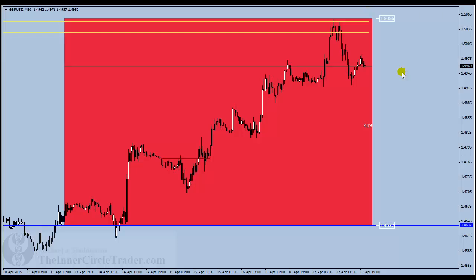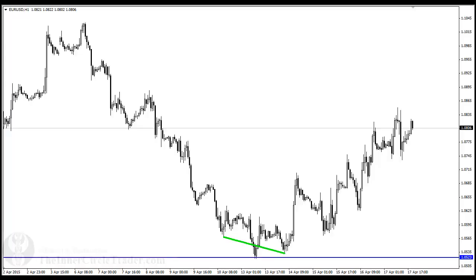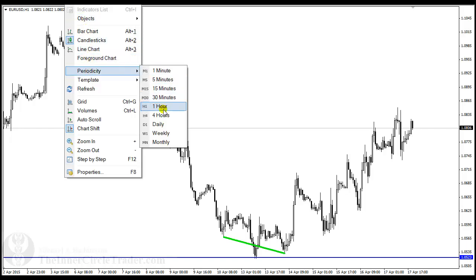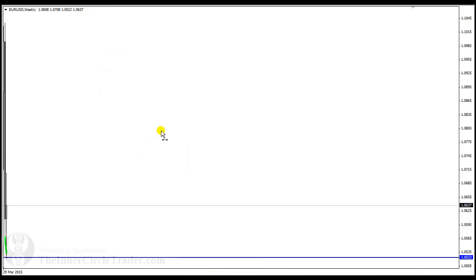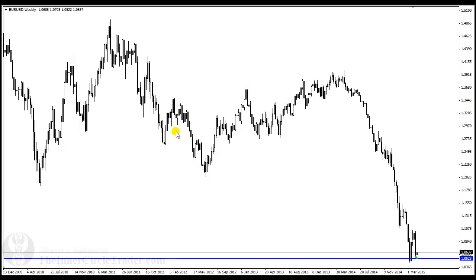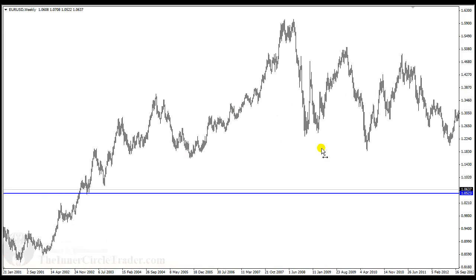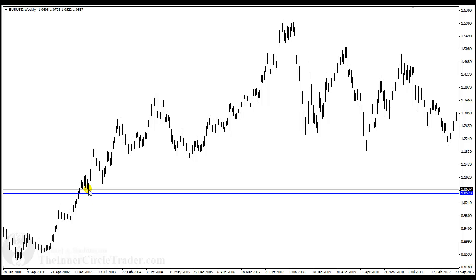But now, when we have the idea of looking at price with an idea of accumulation underway, we have a low here in the euro, and actually, let's go out to a weekly just to build some understanding of why this would be even suggested. We have a nice low here, and price reacted.